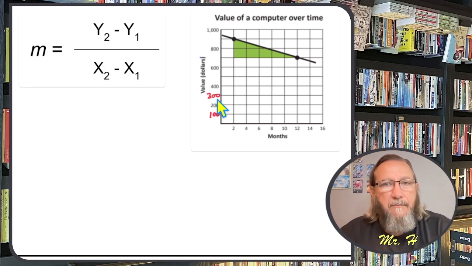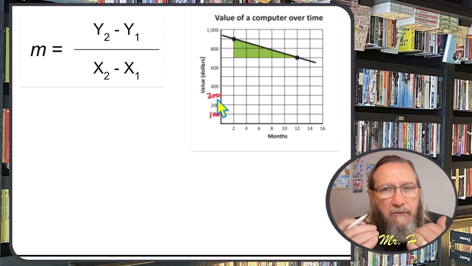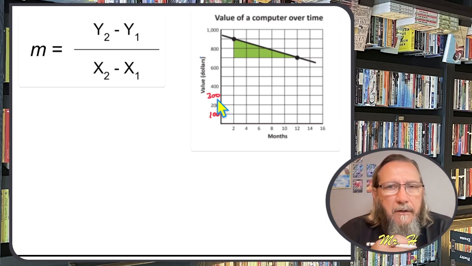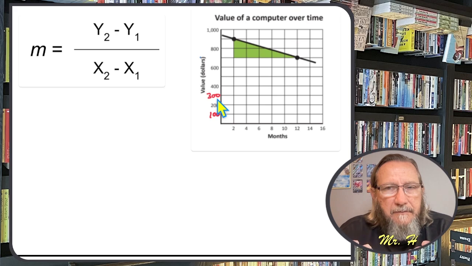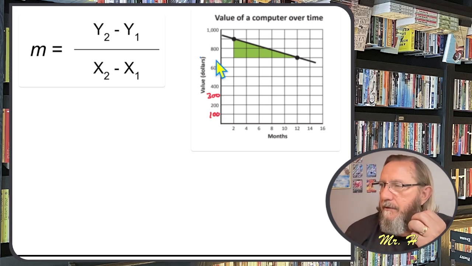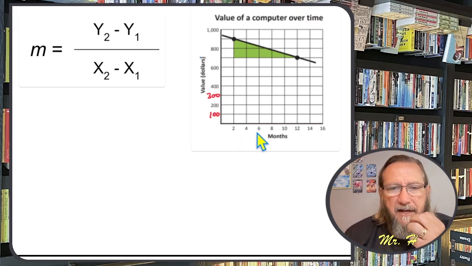So I'm not going to label all of those, but that's something you need to watch as you go through and work problems on graphs, is how is the graph labeled and scaled? That's the important word there. How is it scaled? And so value of the computer on the y-axis, number of months on the x-axis.